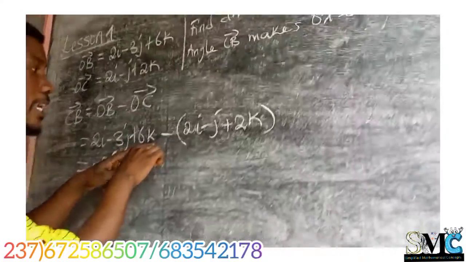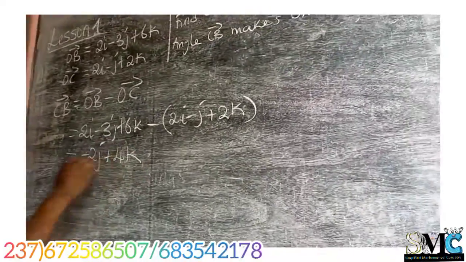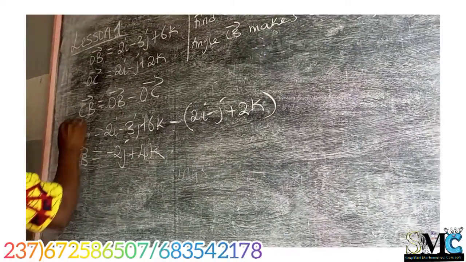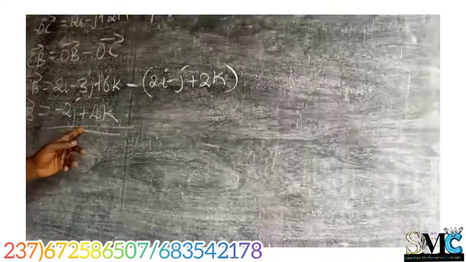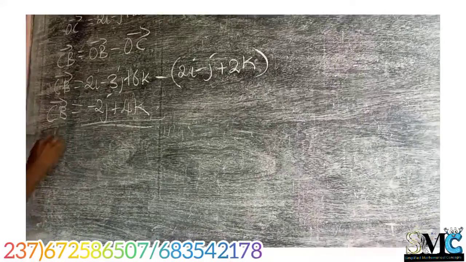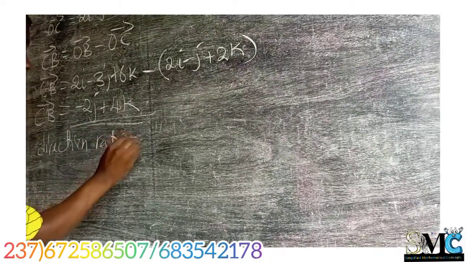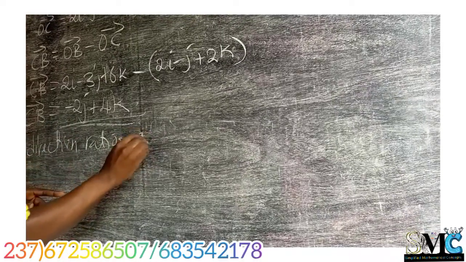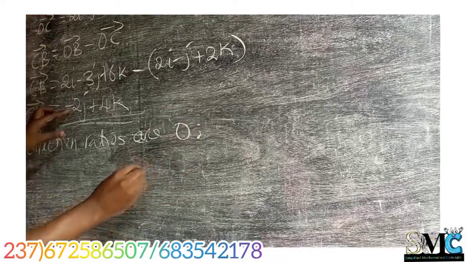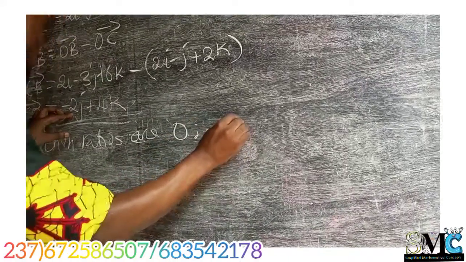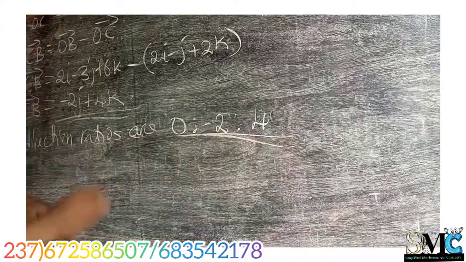And then we have 6k minus 2k, which gives us 4k. So this is the vector CB. With this vector CB, we see that the direction ratios are 0 for i, -2 for j, and 4 for k.